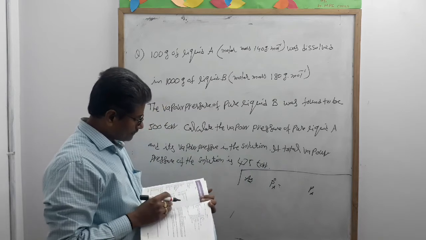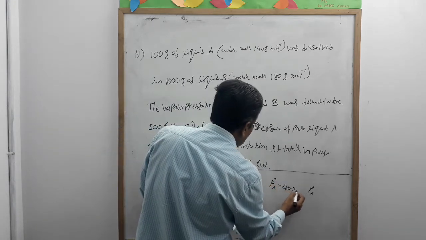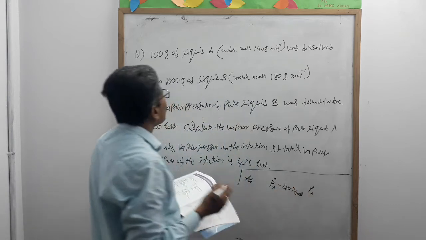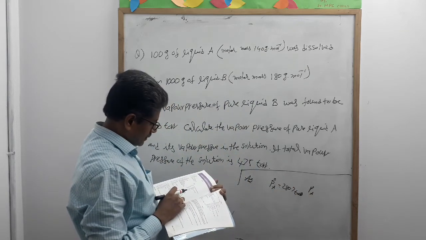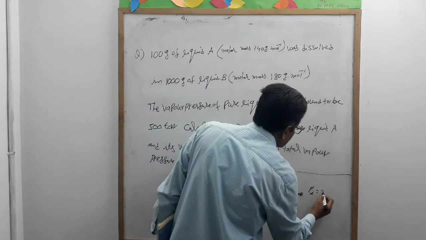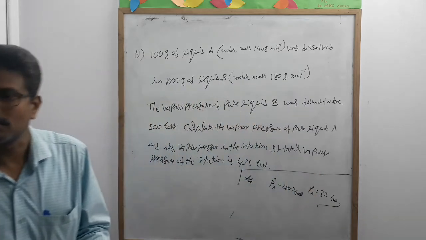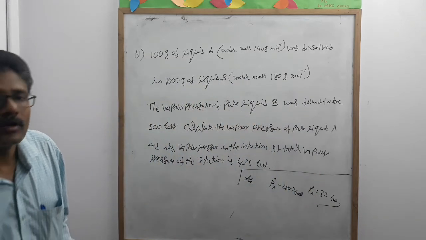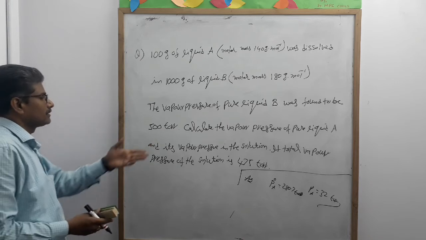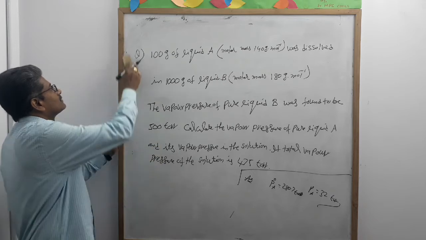P naught A is 280.7 torr, and PA is equal to 32 torr. These two are the answers. Just try. You solve that one, same model. Please solve that one.